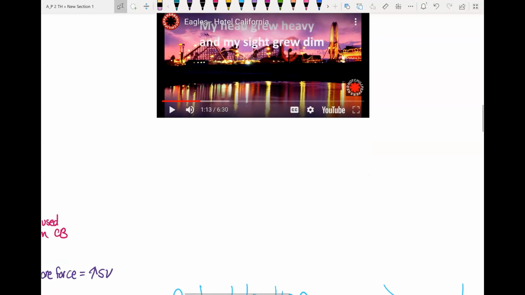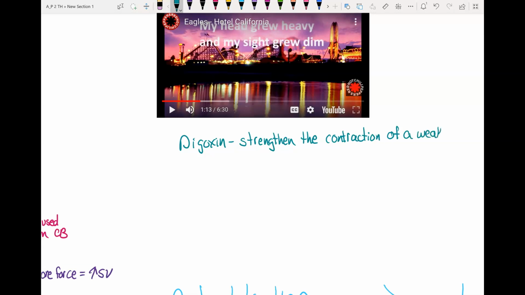So if we look at what digoxin does, digoxin is used to strengthen a weak heart. So like if someone has heart failure and their heart is just weak and it can't pump very well, they're going to have a really low stroke volume.